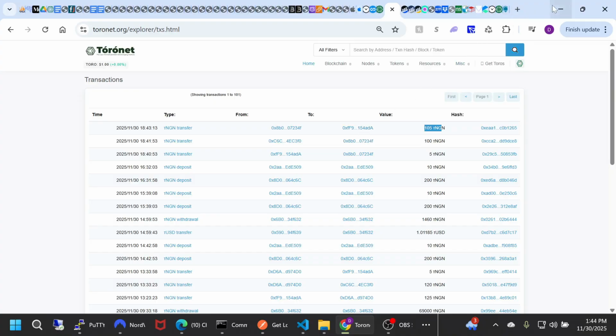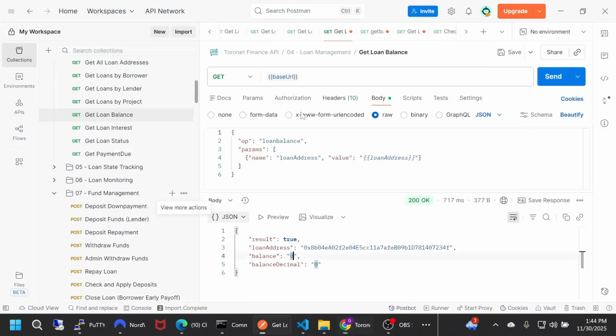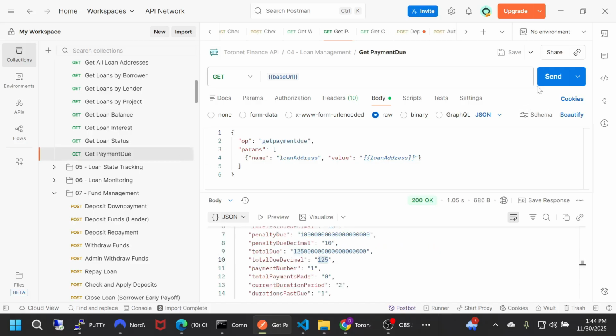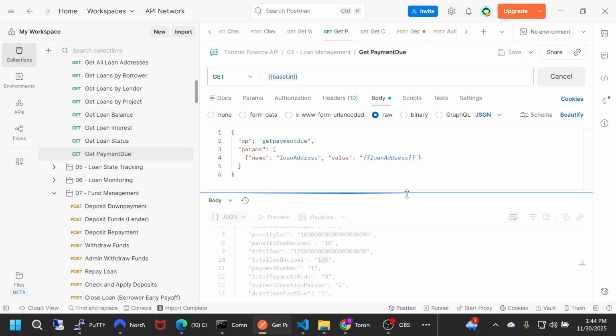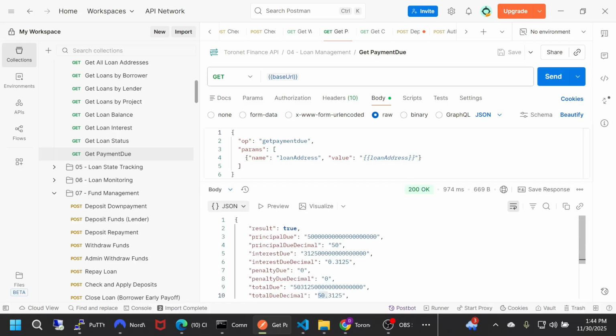Okay, so now we are at the stage where interest begins to accrue on the loan. So let's see what the payment due is, just to confirm. All right, so we see that the principal due after the first time duration is 50, right? Interest due is currently this amount.